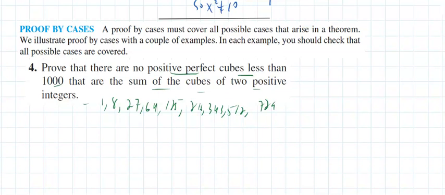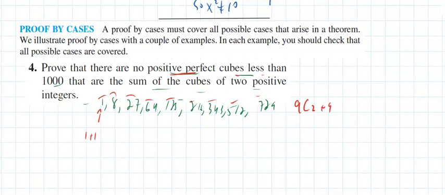So we want to prove that there are no positive perfect cubes less than 1,000 that are the sum of cubes of two positive integers. These are the cubes: 1, 2, 3, 4, 5, 6, 7, 8, 9. I have 9 choose 2, meaning you choose distinct ones, and then I have the number with itself, so that's plus 9.